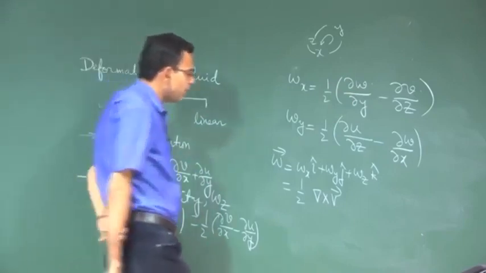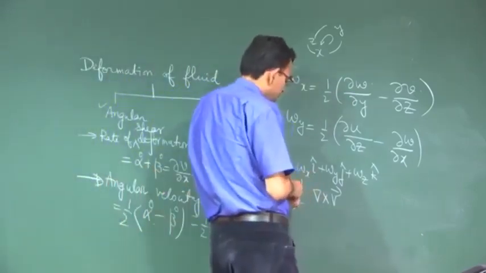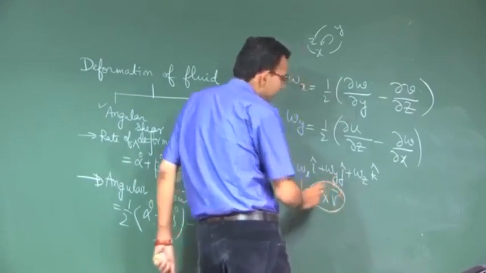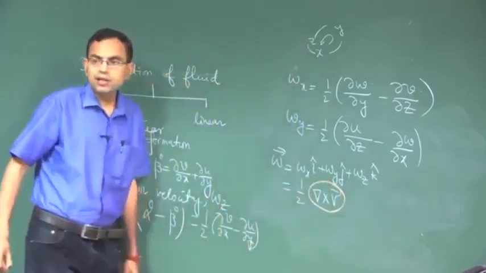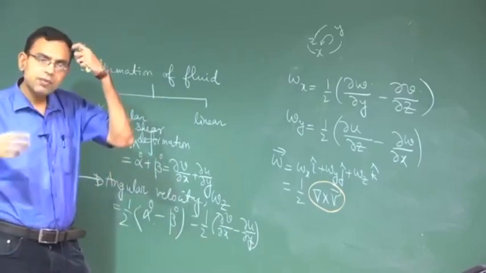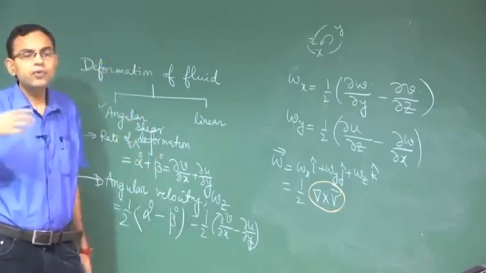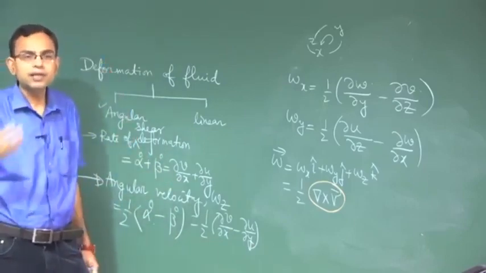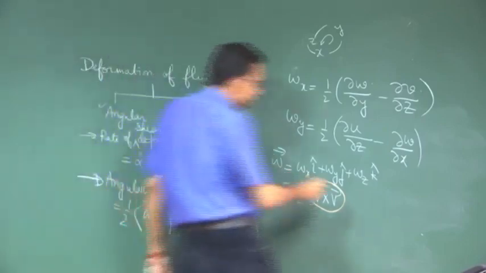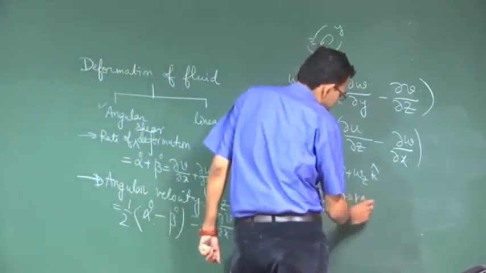So this curl of the velocity vector, without giving much physical interpretation, has been existing as a very important definition in the fluid mechanics world for a very long time, as introduced by mathematicians, and this is known as vorticity.